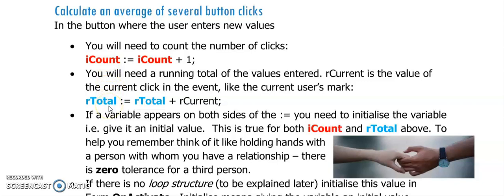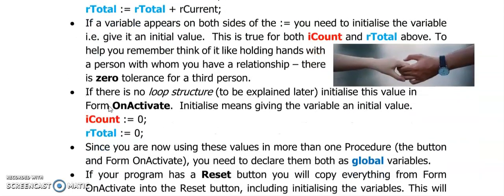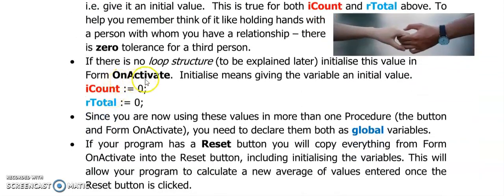And for now, until you know for loops, we are going to go to Form1 Activate and initialize these variables. What initialization means is I need to set the values to a certain initial value. For now, we're going to just set them both to 0.